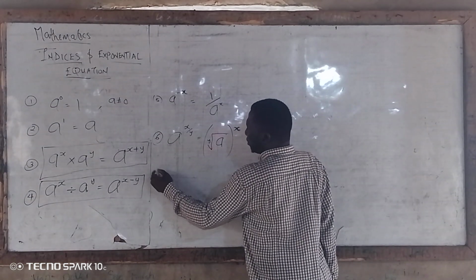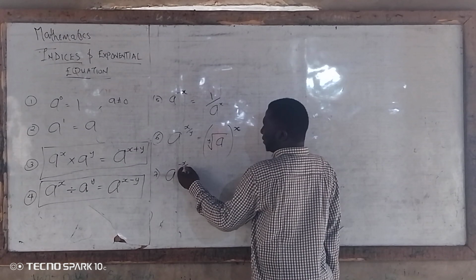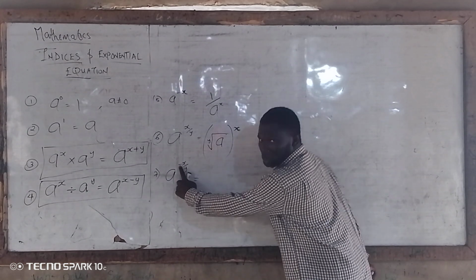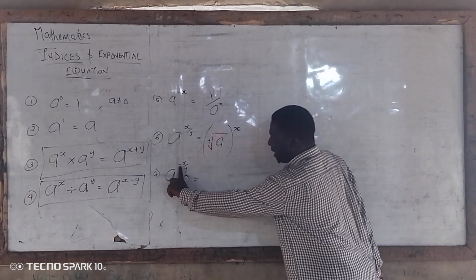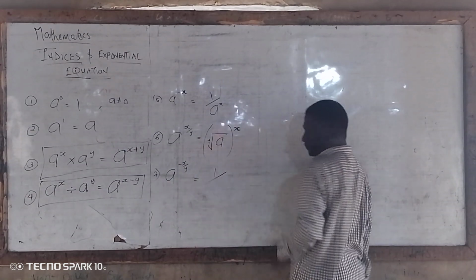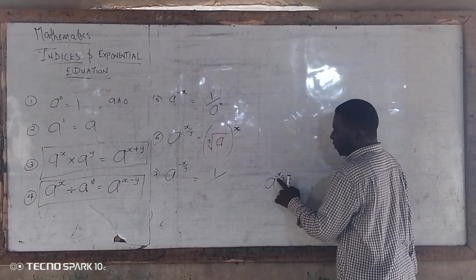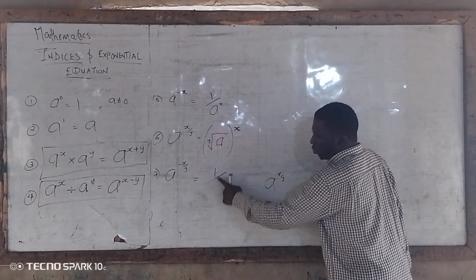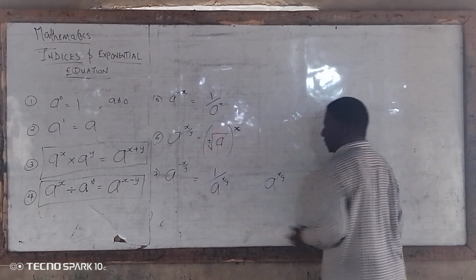Now let's see another one. If you have something of this nature, a raised to power minus x, just like I told you the other time, this minus is what you are considering first. I said let this minus turn to 1 over. Now, when you remove the minus, which has changed to 1 over, you will be left with a to the power of x over y.